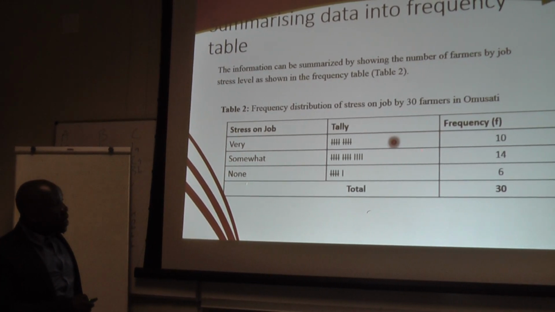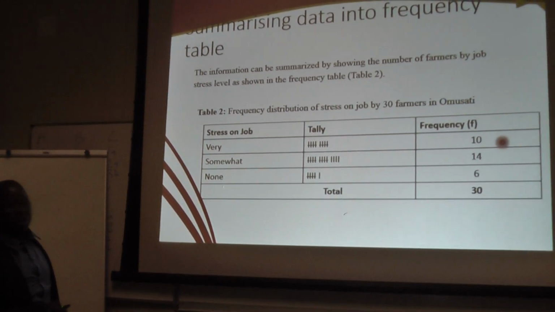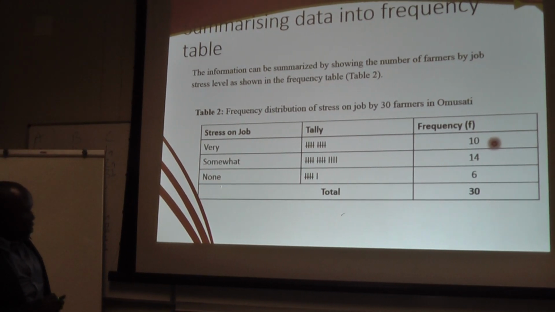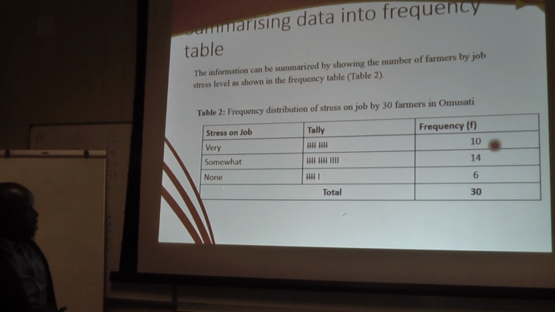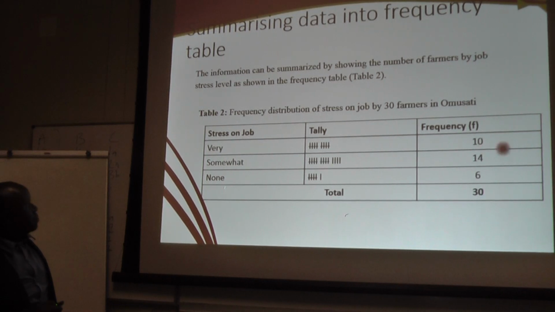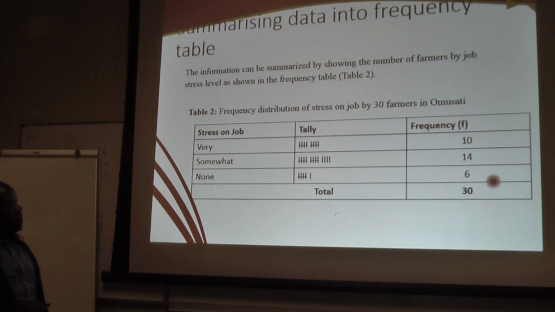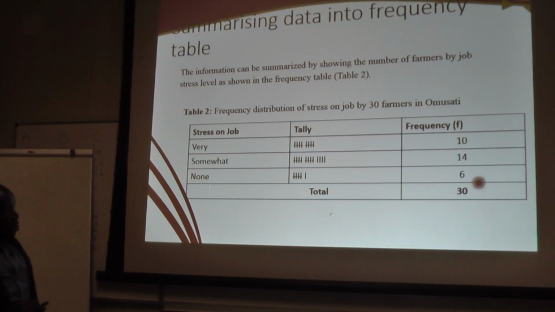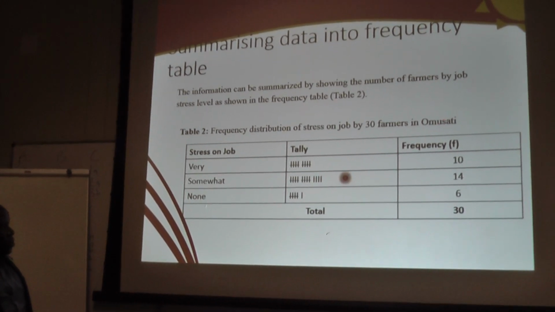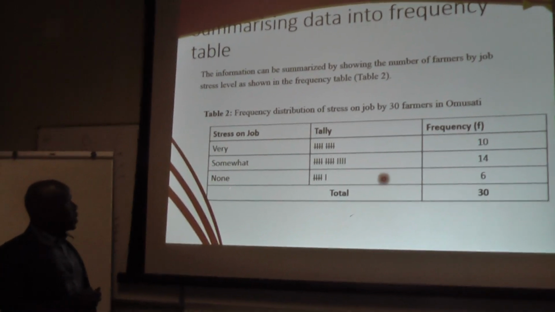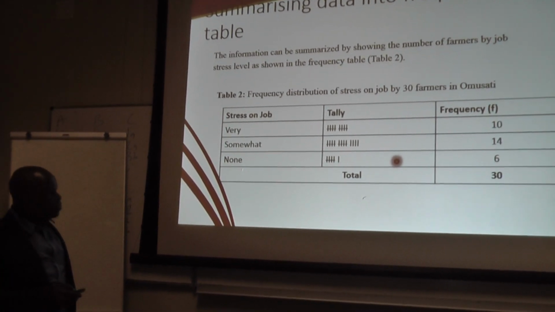But eventually, on the frequency distribution table, we don't expect to see the tally column. So you need to get rid of the tally column so that we only have the frequency column as well as the variable column. This is the draft, so you don't forget to remove the tally so that you only have two columns showing the variable and the frequency.